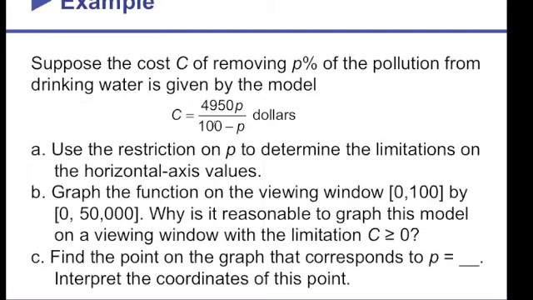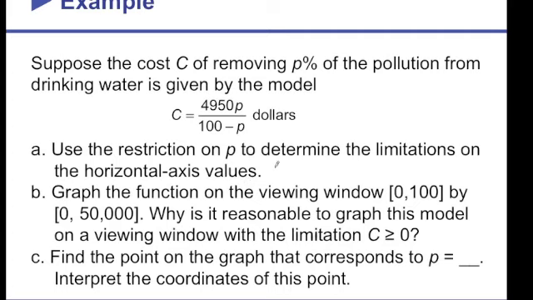Now, we'll have an actual application. Suppose the cost C of removing some percent of the pollution from drinking water is given by this model. Using the restriction on P to determine the limitations on the horizontal axis values.